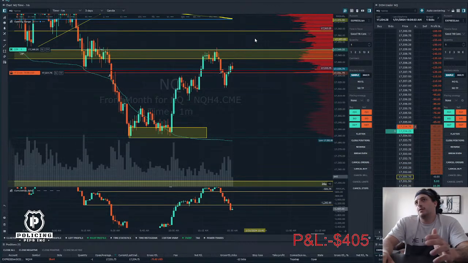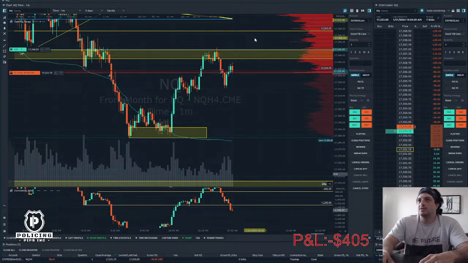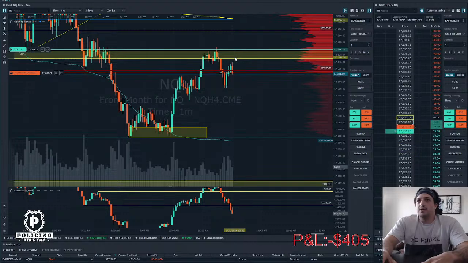We did break right back above it, which is interesting to me, but that could just be the stops getting taken out to continue us down to the downside. So no panic there. Looking to try and hold it to get this thing to rotate to the downside. Just really continuing the flush that's been happening all day.